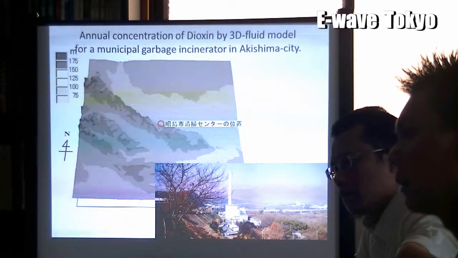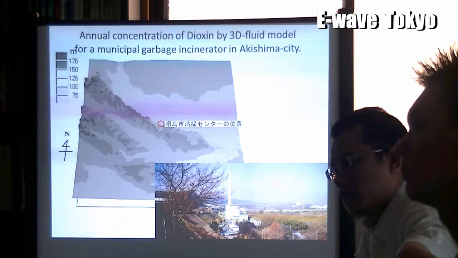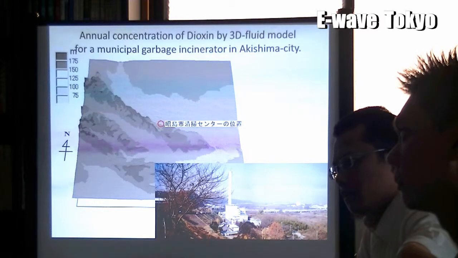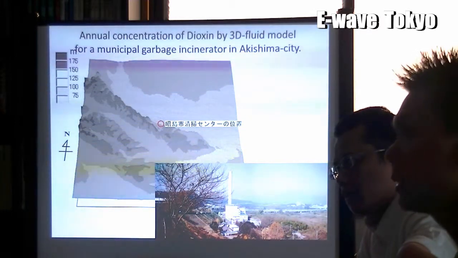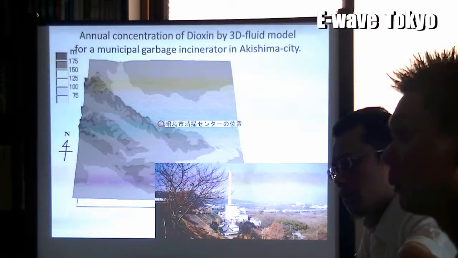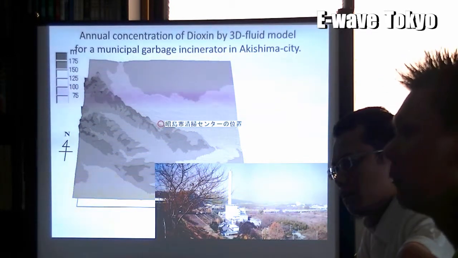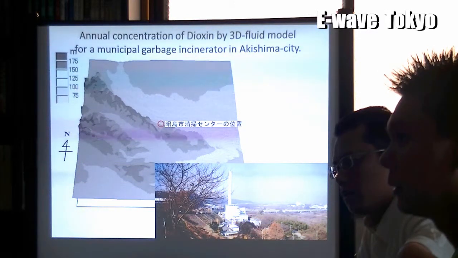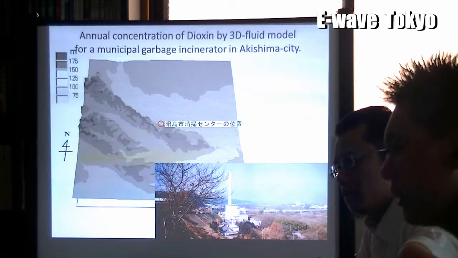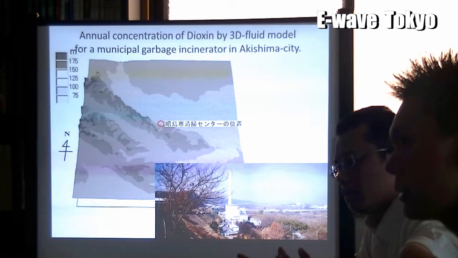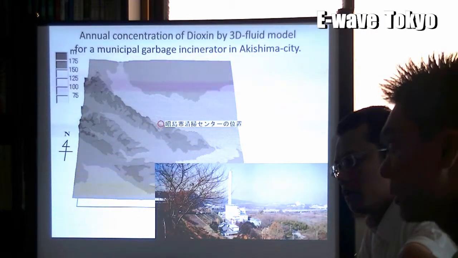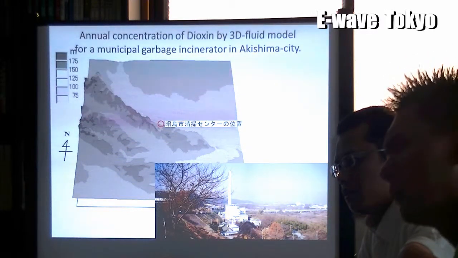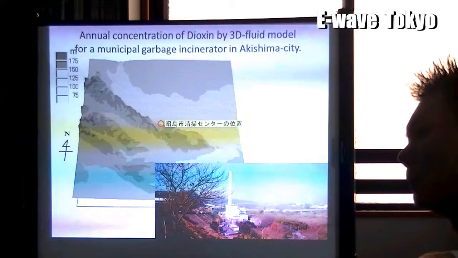How many people live down the valley in KL? Registered residents, 1.5 million. But if we include the nearby residents and also non-registered residents such as illegal immigrants, certainly more than 3 million, 3 to 4 million.